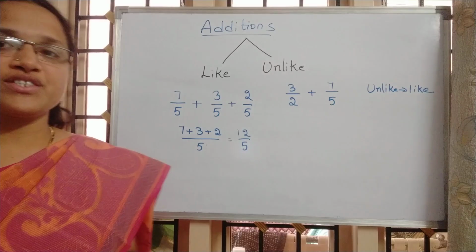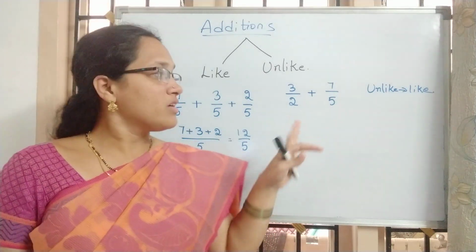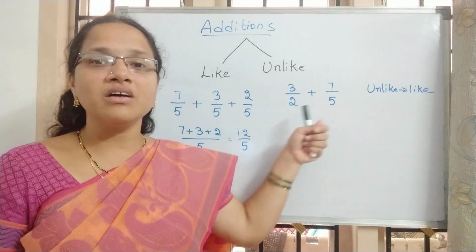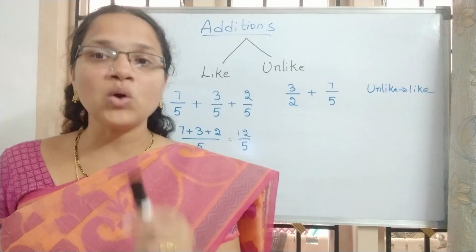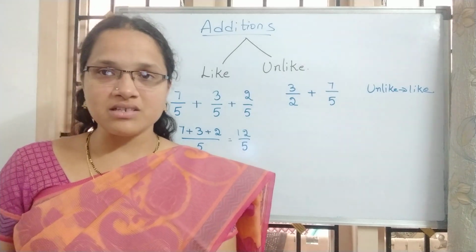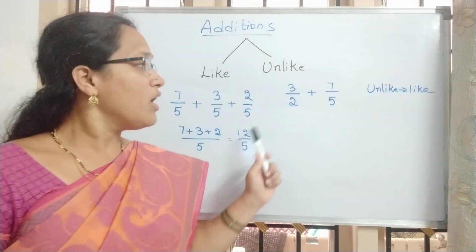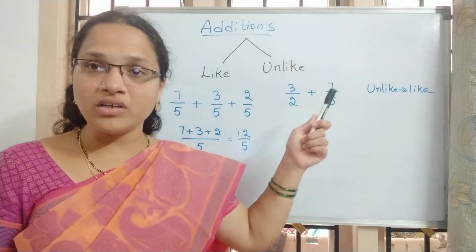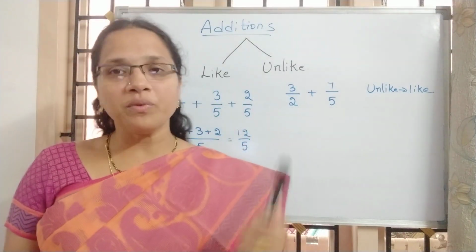That will be my first step towards the problem. As I found that there are 2 different denominators, I should make the denominators equal. Why? Because the only procedure that exists is for like fractions. So unlike fractions should be converted first into like, and then we follow the same procedure of adding the numerators.